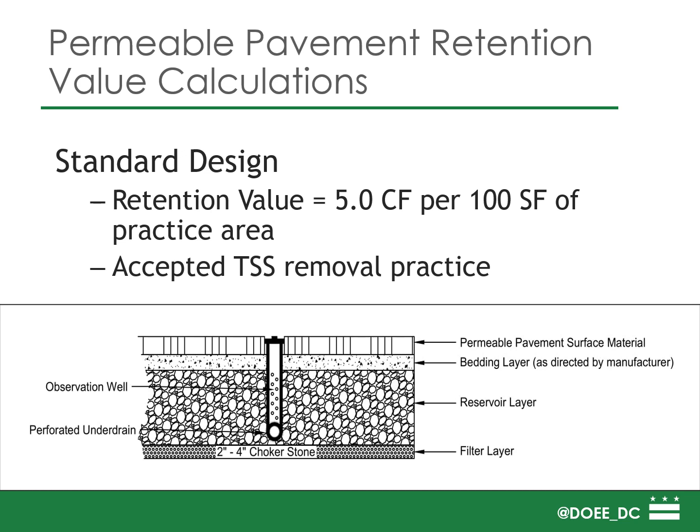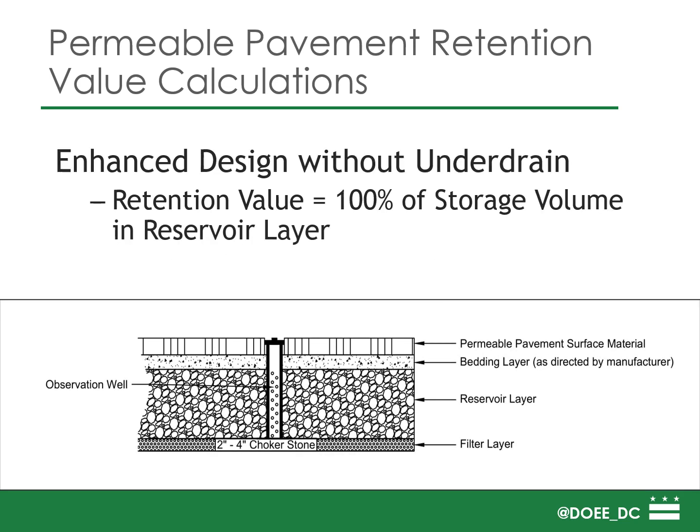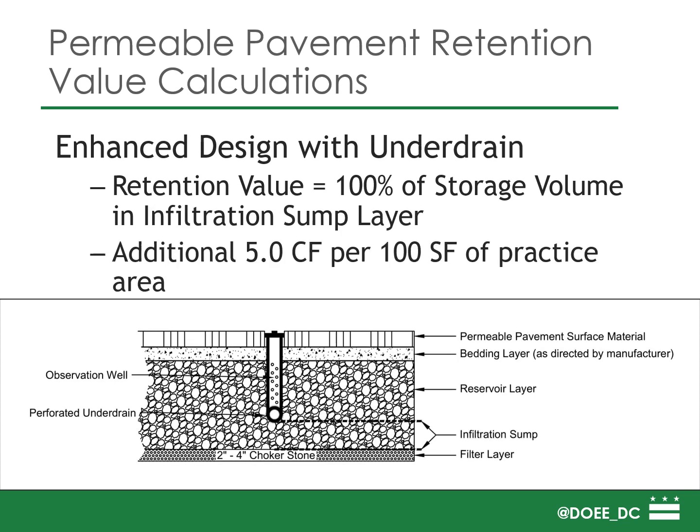For the enhanced design without underdrain, the other end of the spectrum, where there's no underdrain at all, the retention value is equal to the storage volume. That full storage volume goes towards the retention value. For the hybrid system, the enhanced design with underdrain, the storage volume in the sump, the infiltration sump at the bottom, all goes towards retention value.